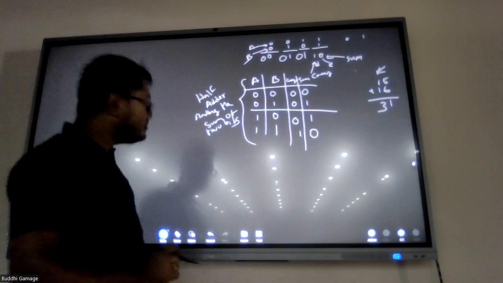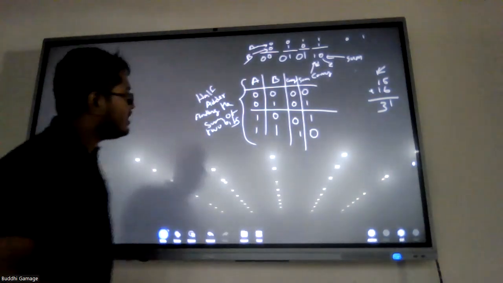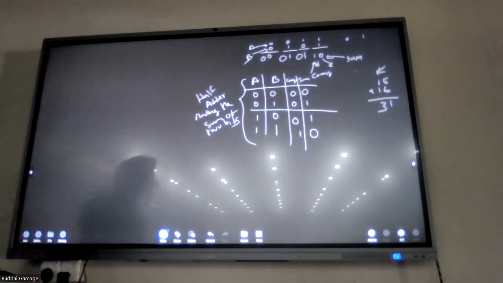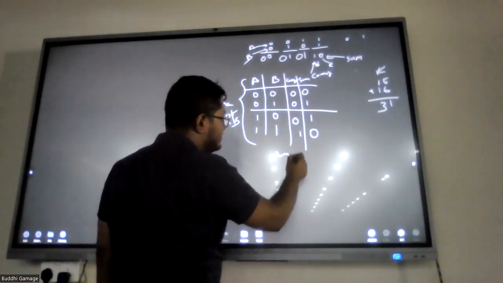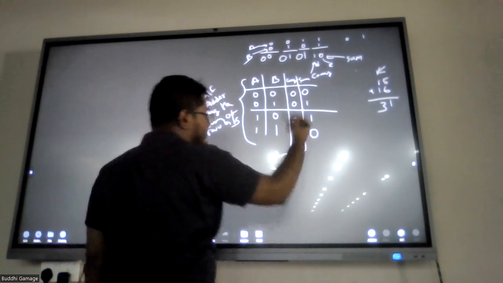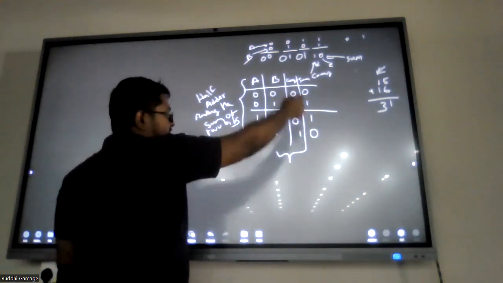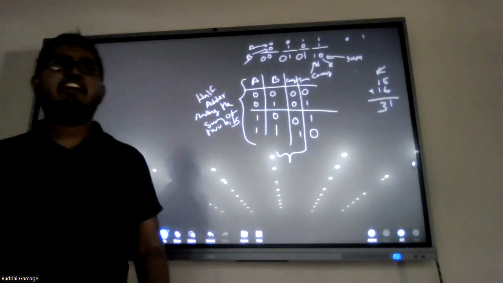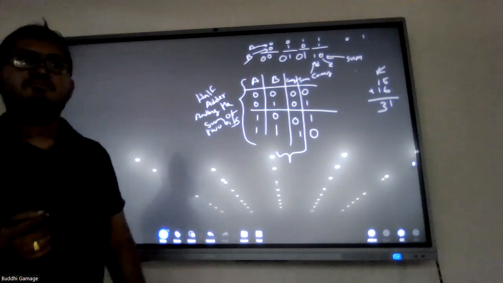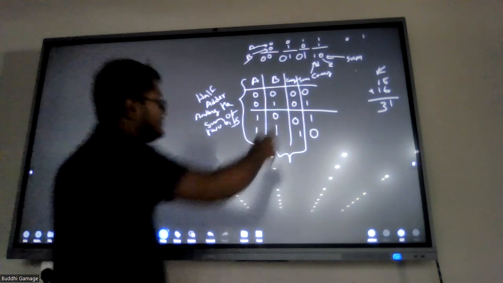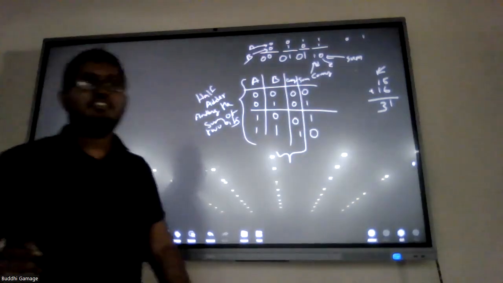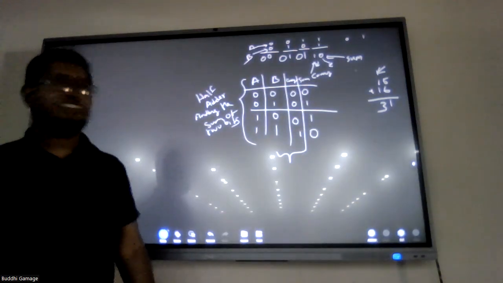Most of you have designed the logic circuit. So by looking at these values, what is the gate you can identify? 0, 0, 0, 1. AND gate, right?